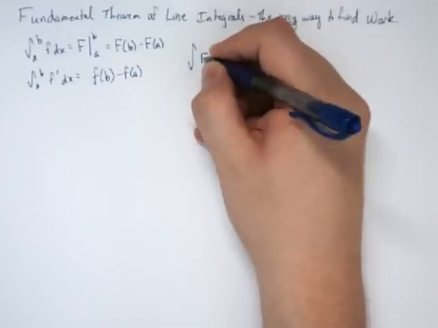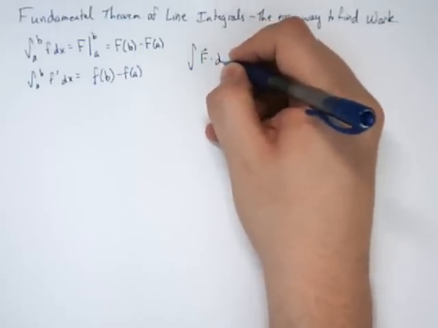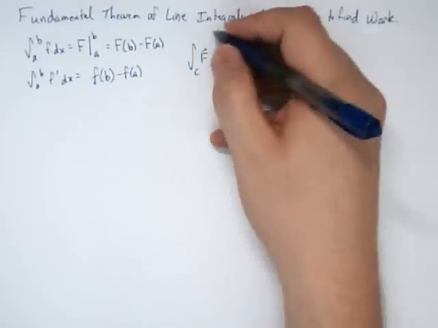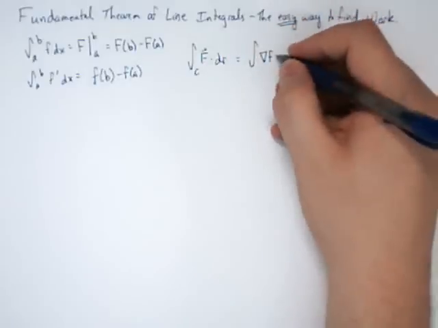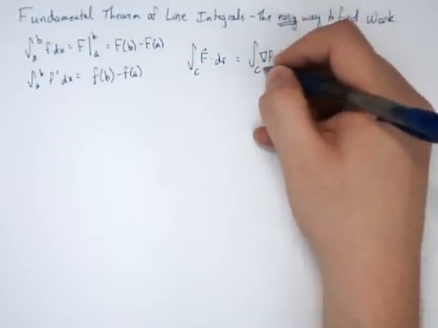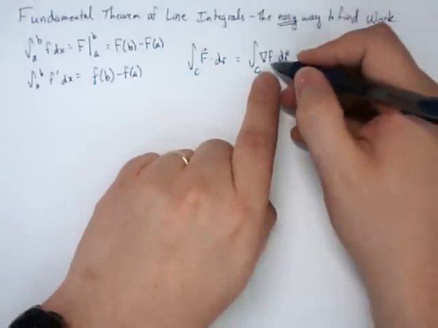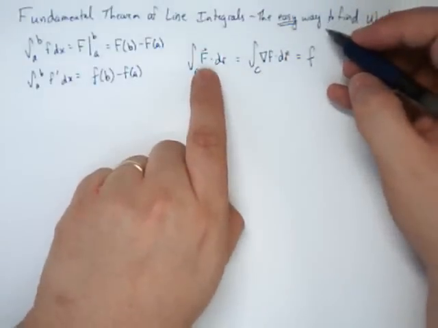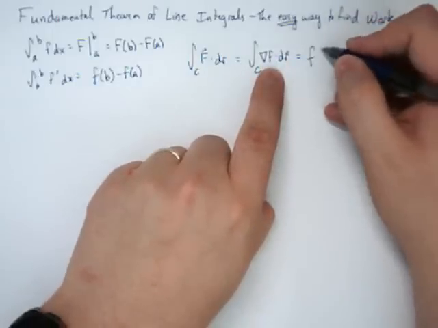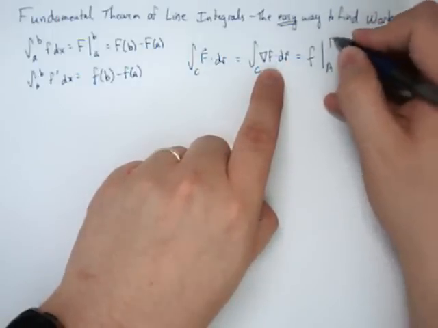If you've got a vector field that has a potential and you're going to calculate this integral, so if you're going to integrate the derivative of some function, dr, along some curve, then all I have to do is integrate big F to get its potential, and then plug in the endpoints.